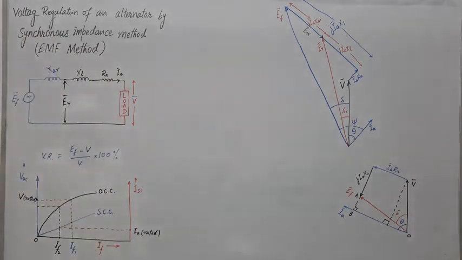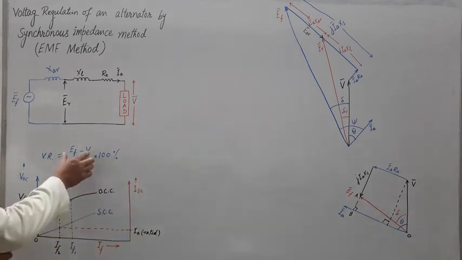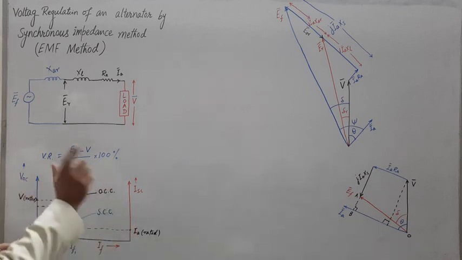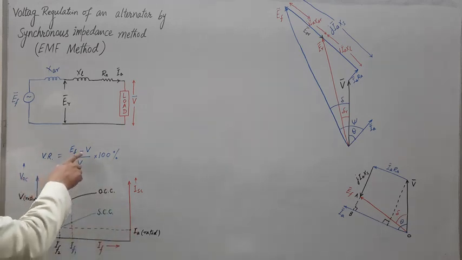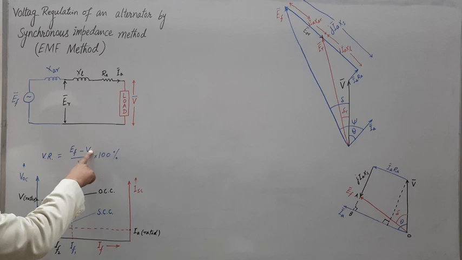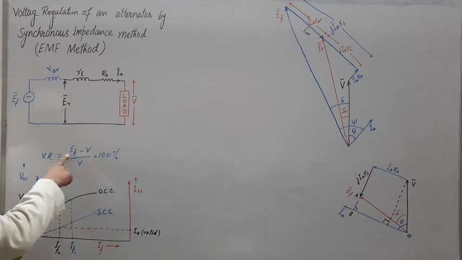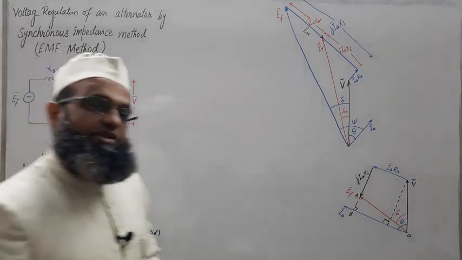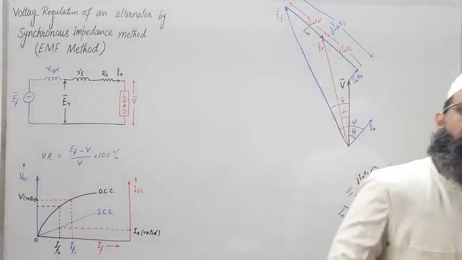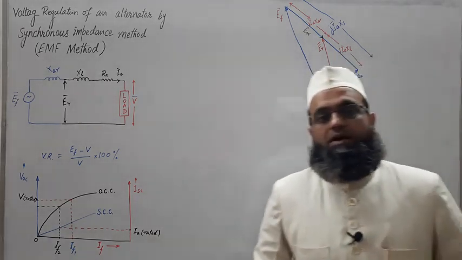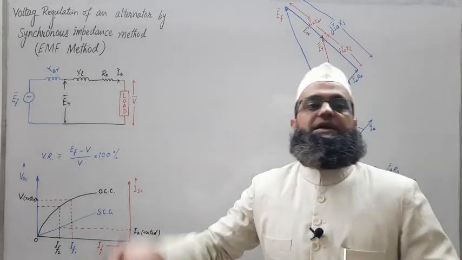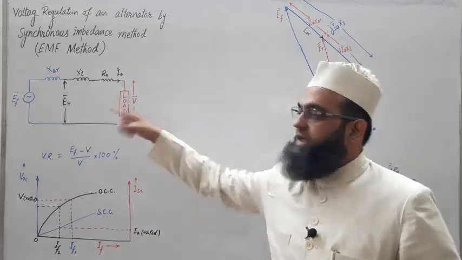But for a leading power factor load, these two may be equal for one particular condition, and for other conditions the terminal voltage V may even exceed this, so that this difference will be negative and we will get negative voltage regulation. Negative voltage regulation means at full load the terminal voltage will be even higher than the terminal voltage at no load.